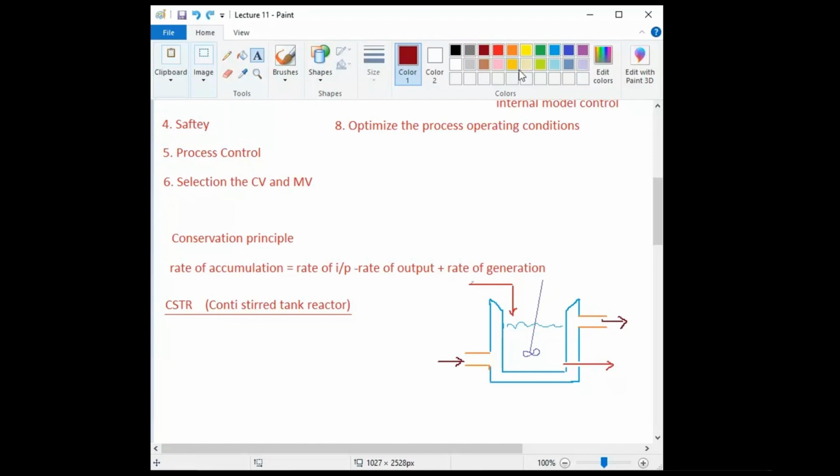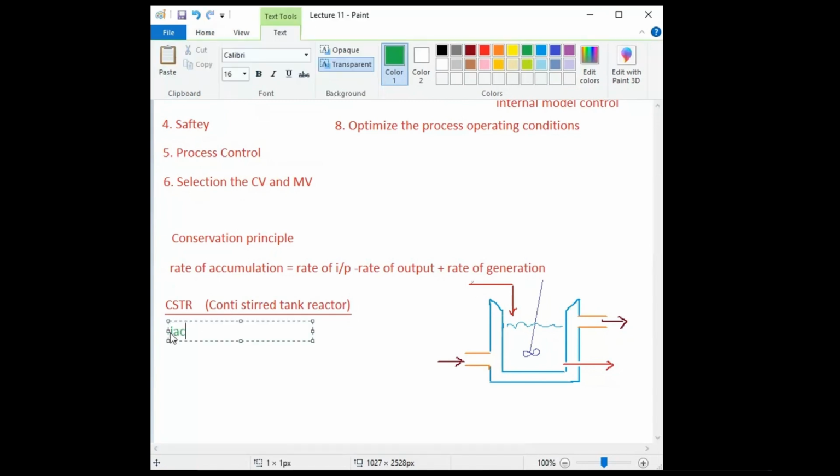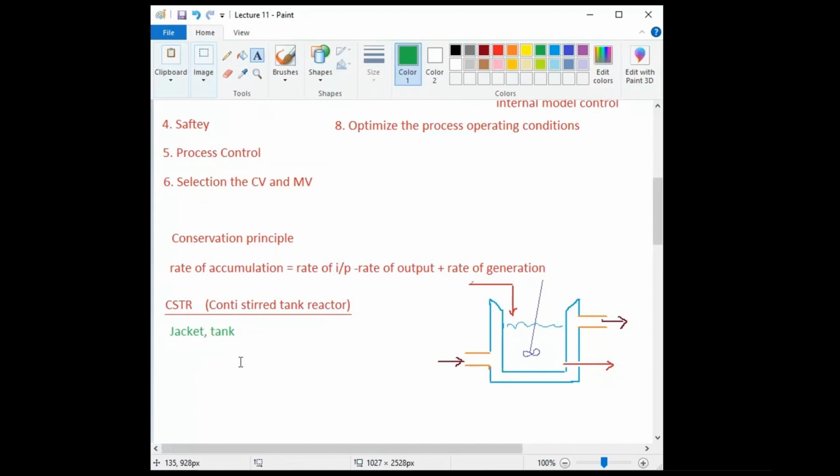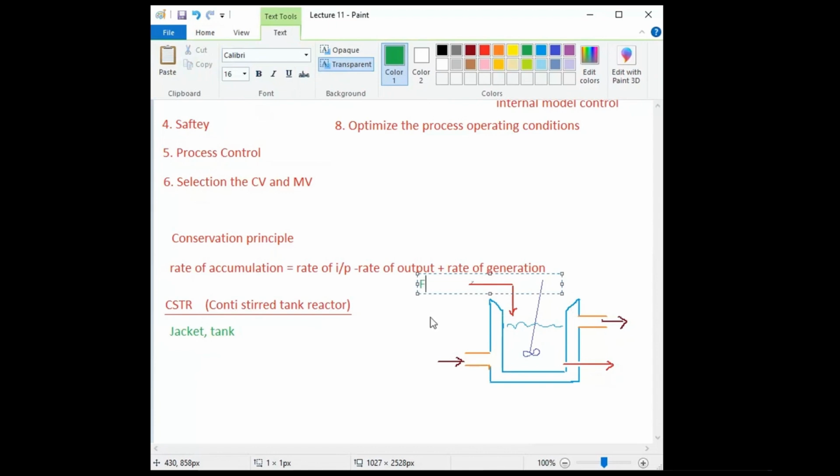So now we will write all the variables. This is a tank, and this tank has an outer jacket. We have a tank, we have a jacket, and here the inlet flow rate is Fi.